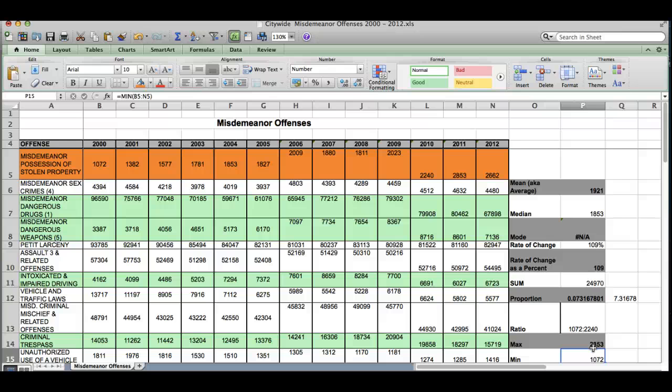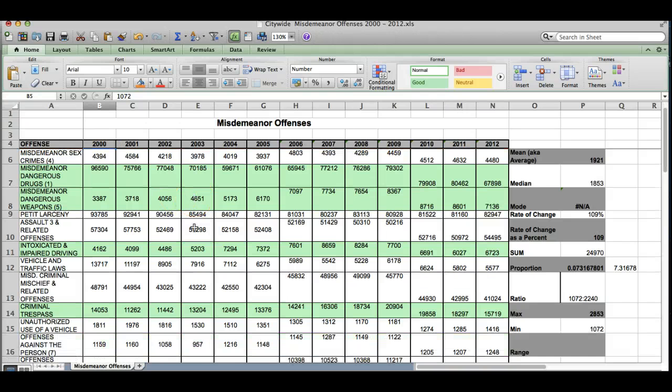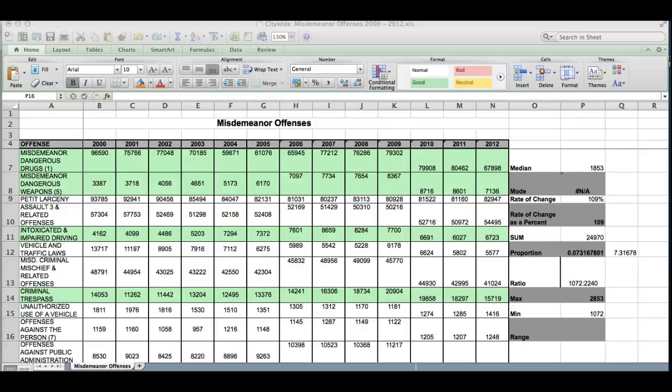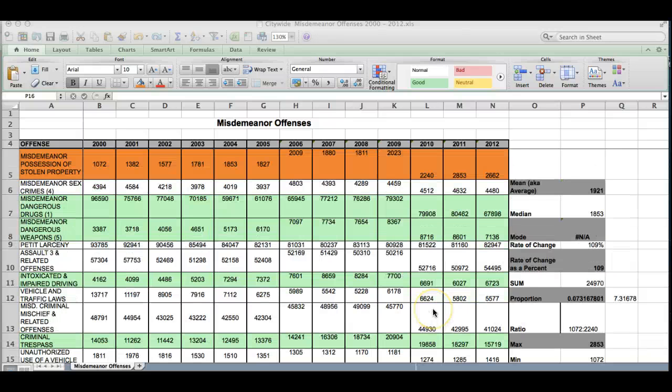So that means that 1072 is the lowest number of stolen property offenses reported during the period of 2000 and 2012. So another way that we can look at this is say the highest number of stolen property offenses was reported in the year of 2011 when we look back 12 years. The lowest number of incidents was reported in 2000. Now, these are values that we can use to calculate a range.